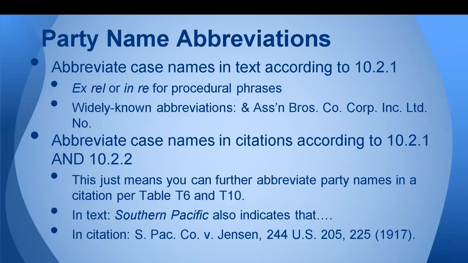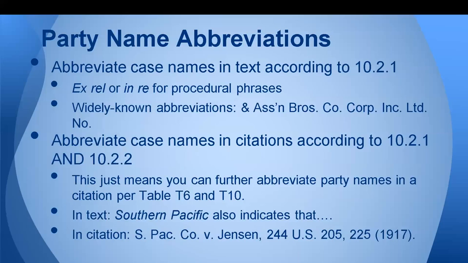The basic format of party names is easy if you have two individuals in a suit. You just use the last name of the first listed party on each side. It gets a little more complicated if the parties are some other form of entity. Take a look at Rules 10.2.1 and 2.2. It seems complicated, but generally you want to use only common abbreviations in the text of your memo or brief, then use more abbreviations in the actual citations.